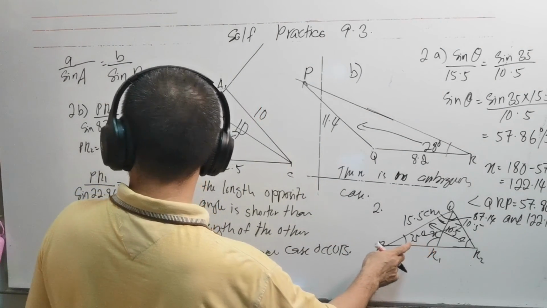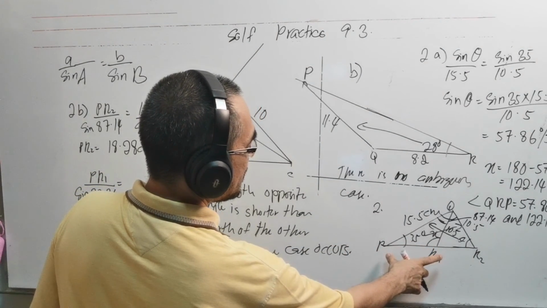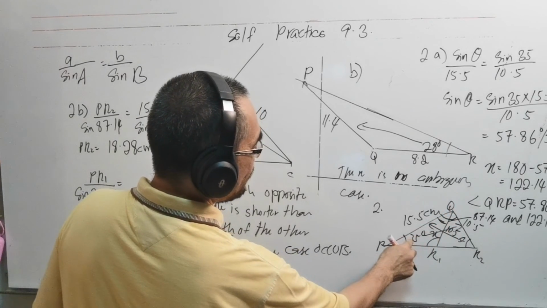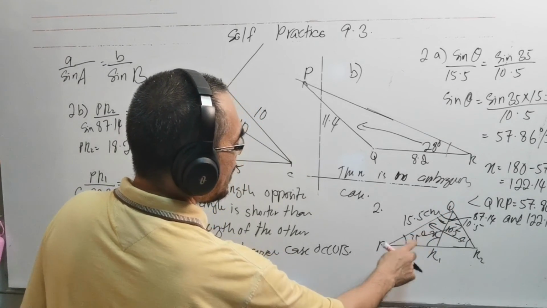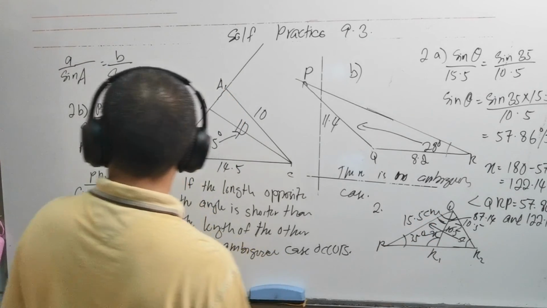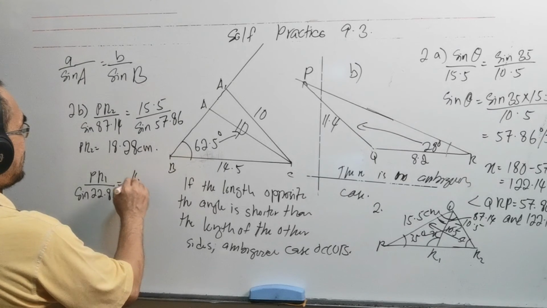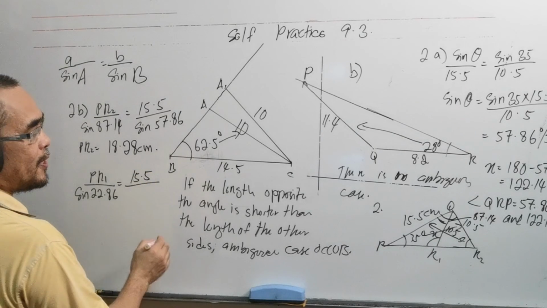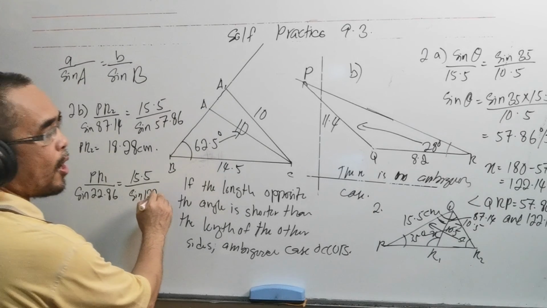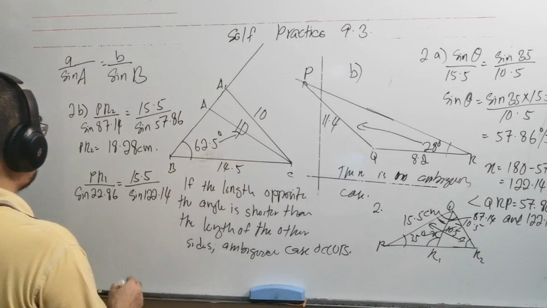There is sine here, is equals to, which length can we have? This length. Okay, and then we have the length here over 35. Okay, or you could use 15.5 over sine of X, 15.5 over sine 122.14.